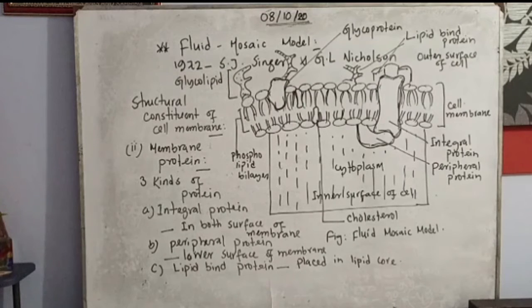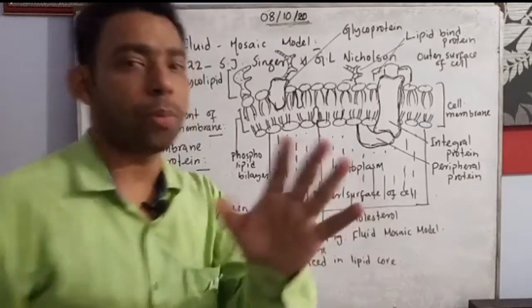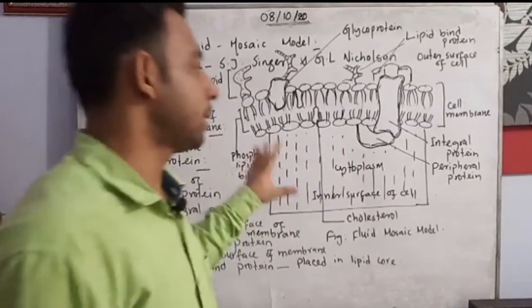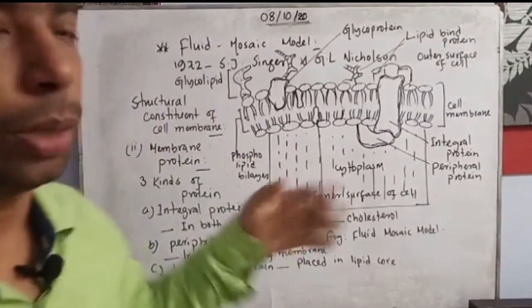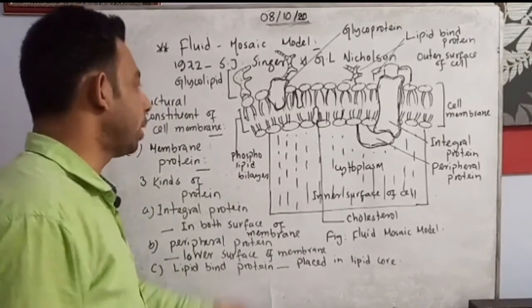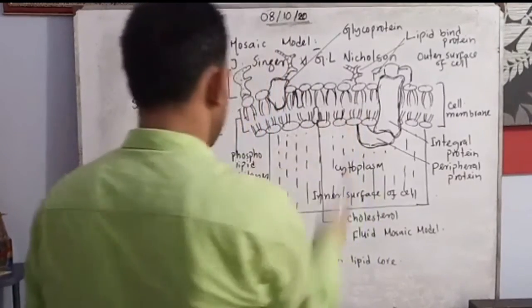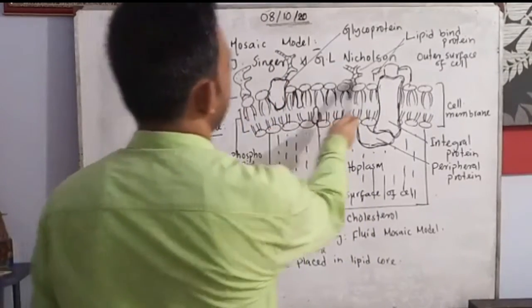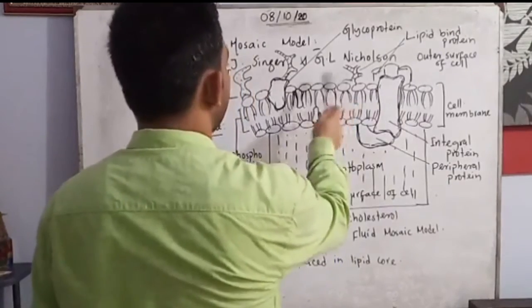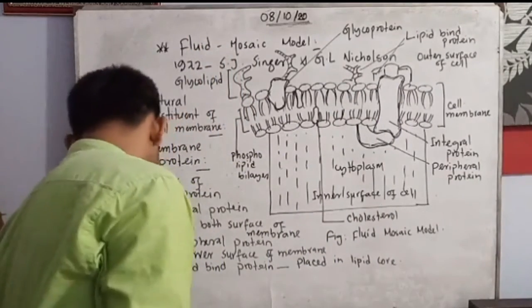What is actually mentioned here, lipid bind protein. Sometimes I move the mobile phone backward so that the board looks blurry or clear. So the lipid bind protein is placed on the lipid core, where the phospholipids are. The lipid bind protein can be placed on the specific core.